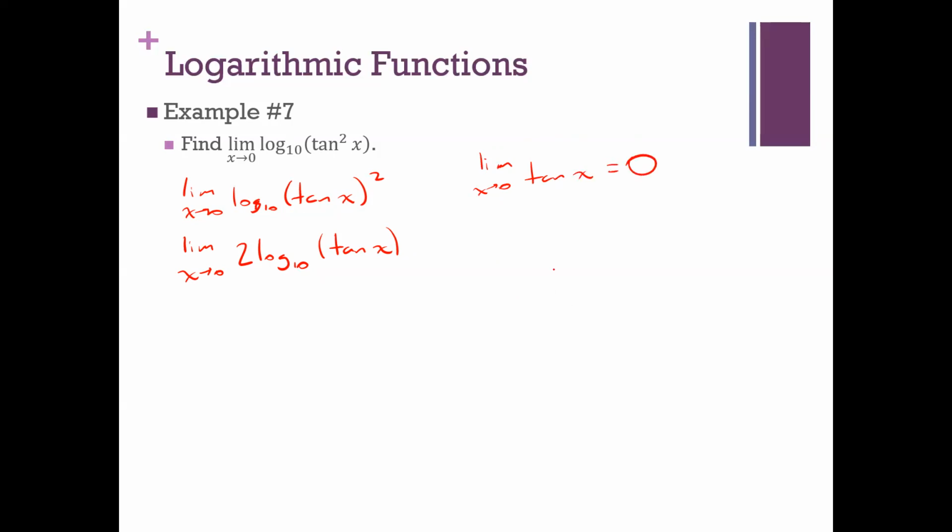Knowing that as x gets closer and closer to 0, that inner function, tangent x, is going to get closer and closer to 0, what does that mean the overall limit is going to do? It's going to go to negative infinity. Once we break that down a little more, we can see something that hopefully is a little easier to reason through.